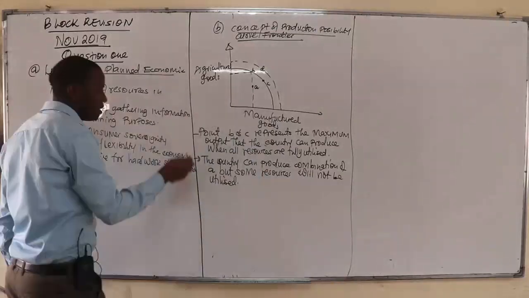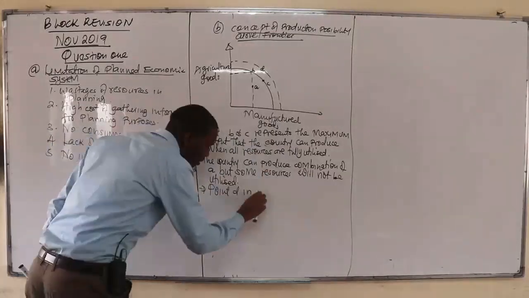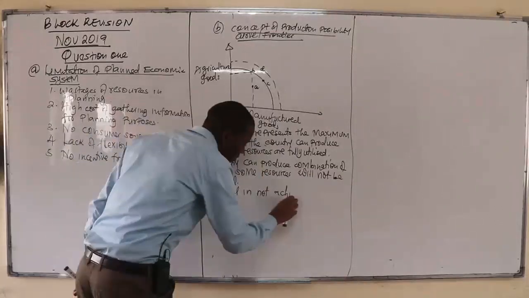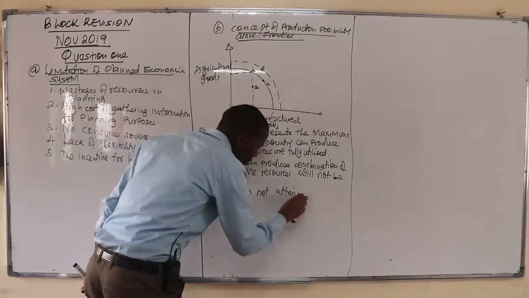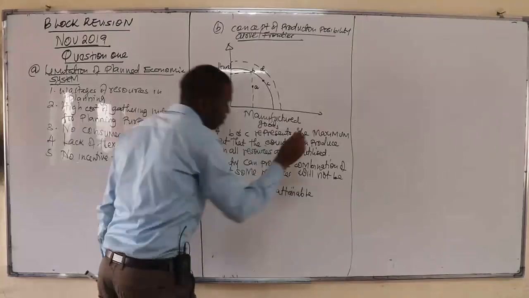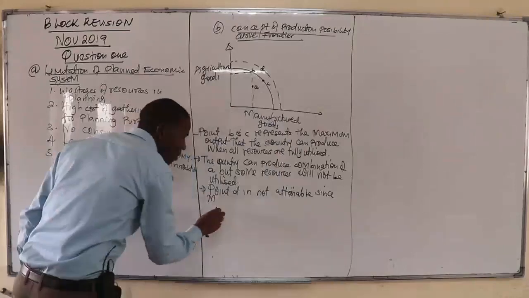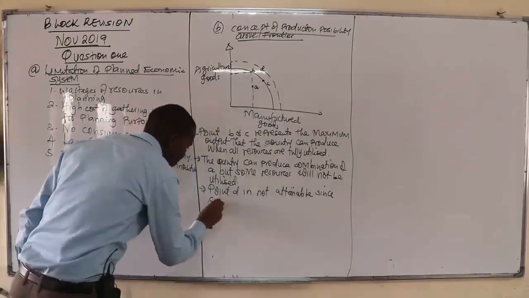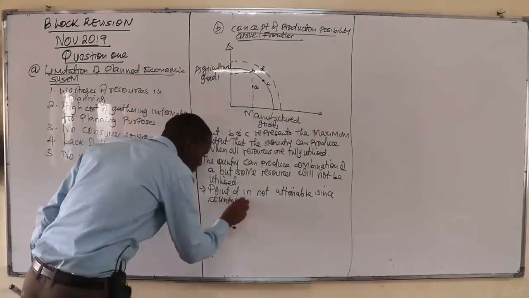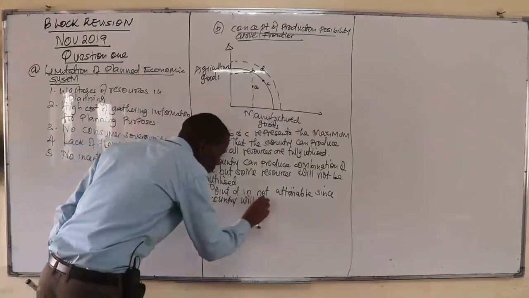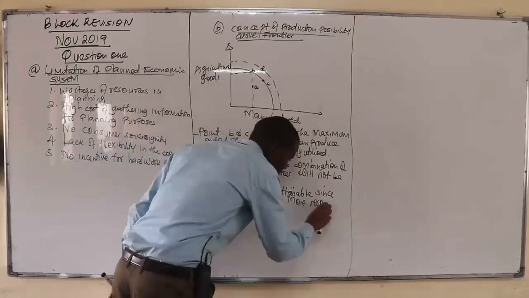Point D is not attainable, since the country will require more resources for it to be attained.